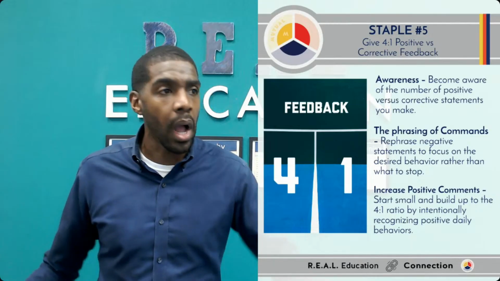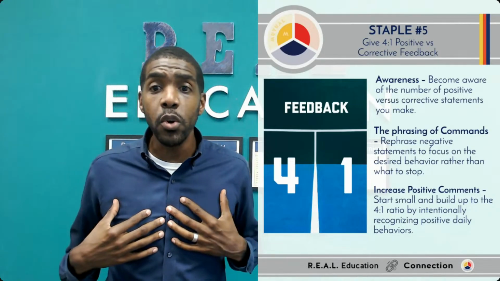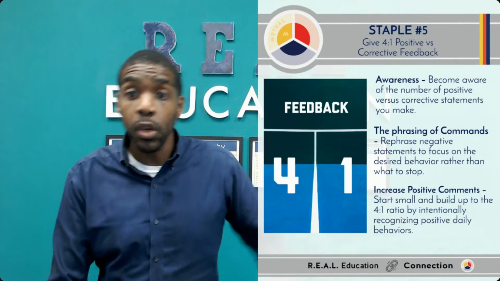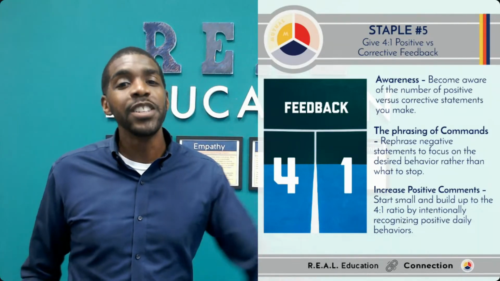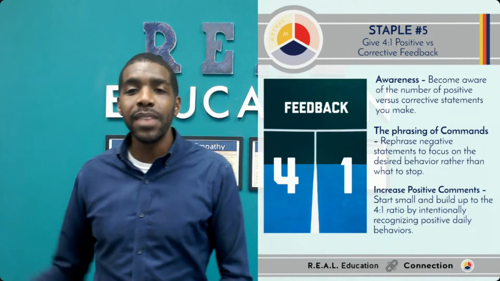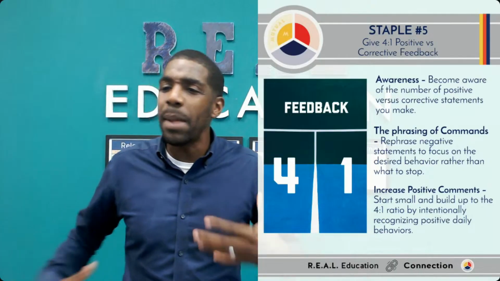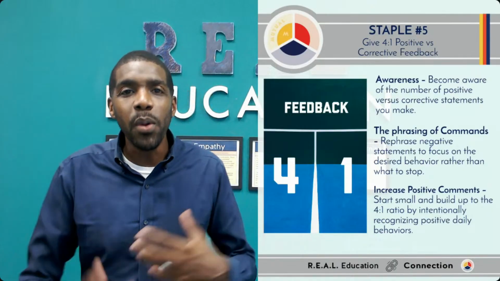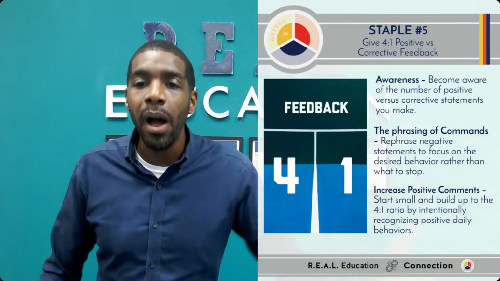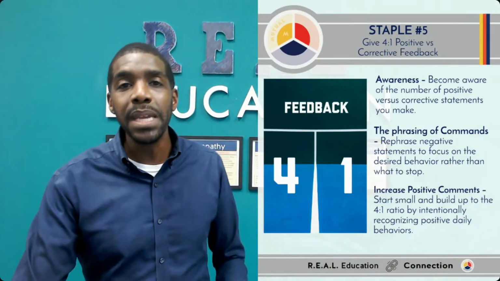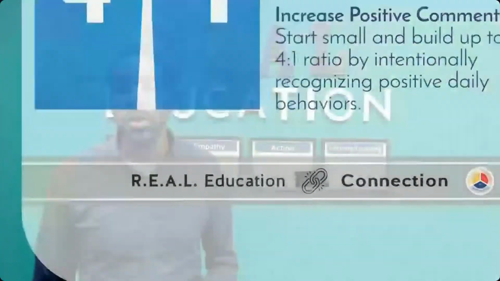Because you know what students think? I want to be noticed too. So the student who's acting up starts getting themselves together because they want to be noticed too. Then you say, all right, Anthony, thank you, I like how you're getting ready. And that makes kids feel good. So we want to make sure those things are positive for our students so that they can be successful. And that's how we do that.